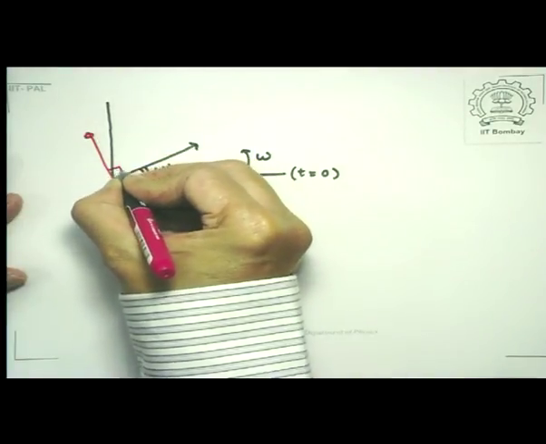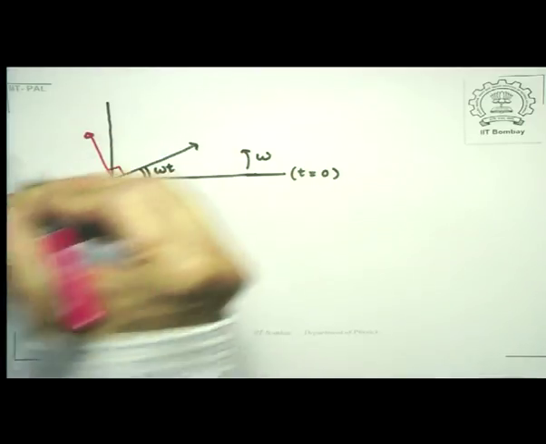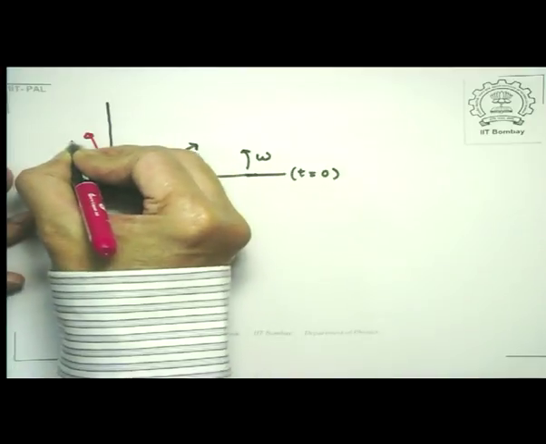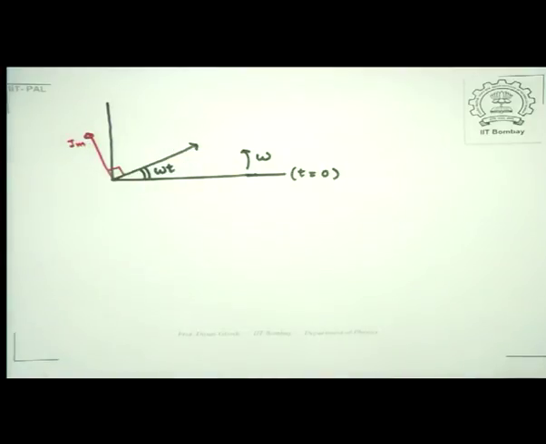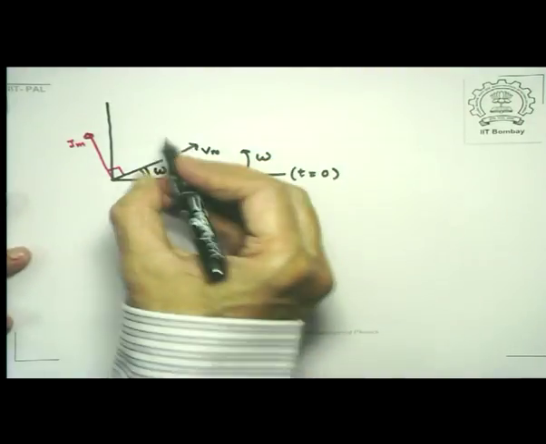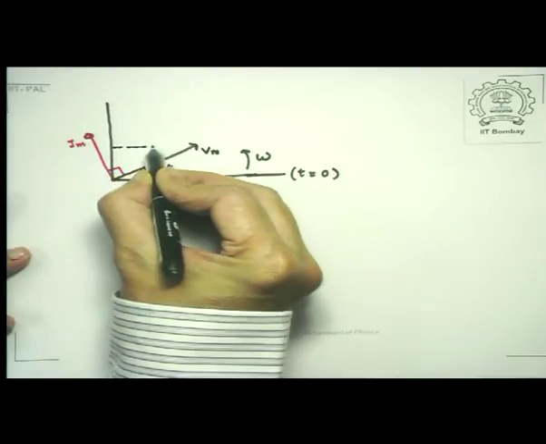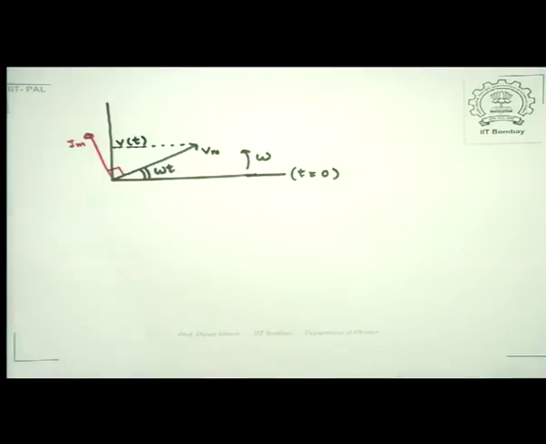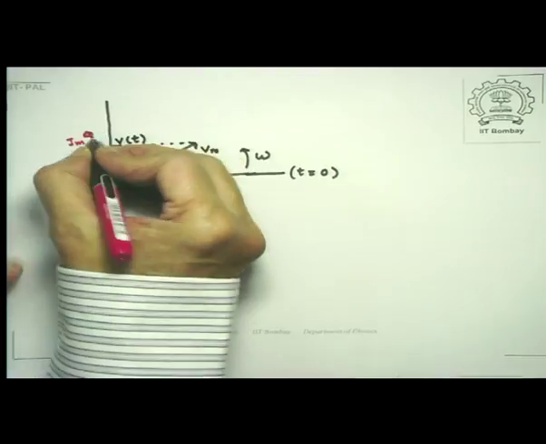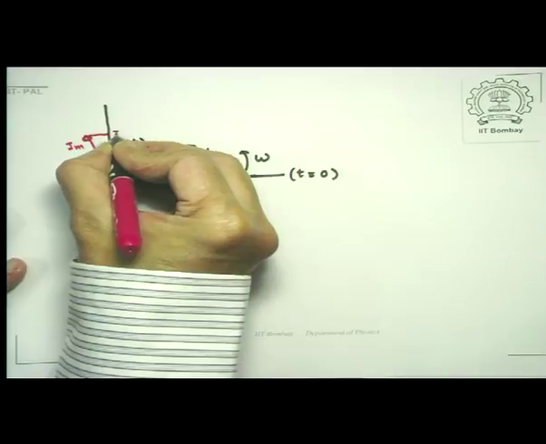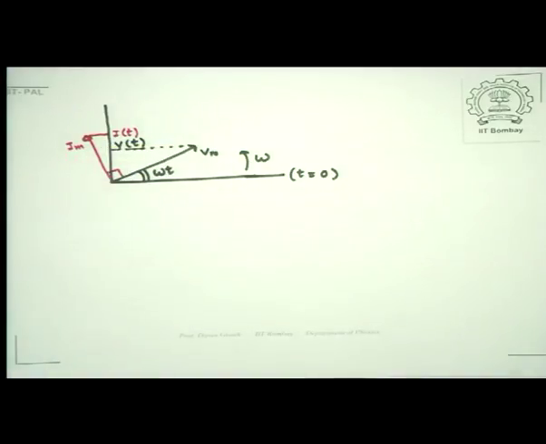So this angle is 90 degrees, and the magnitudes are Im for the current phasor and Vm for the voltage phasor. If you take the projection along the y-axis, this gives you the instantaneous voltage at time t, and likewise the projection of the current phasor along the y-axis gives you the instantaneous current at time t.